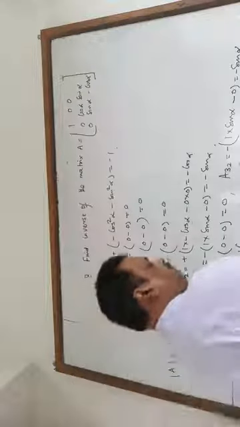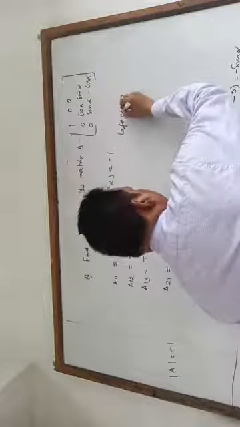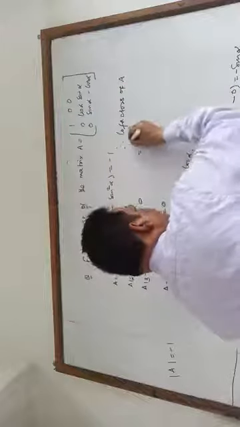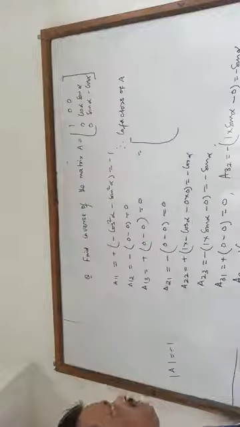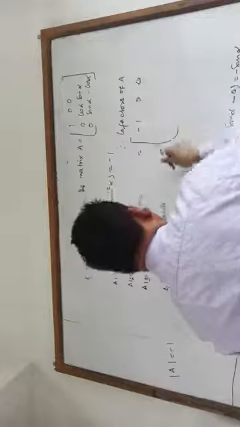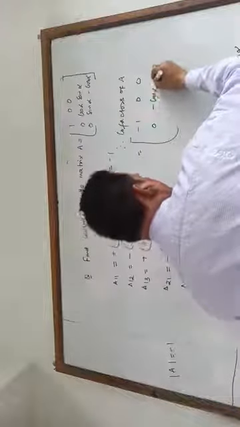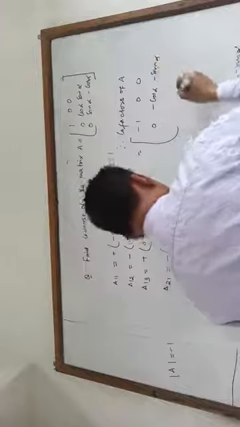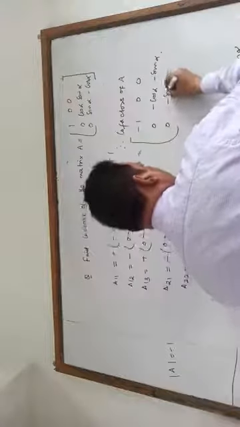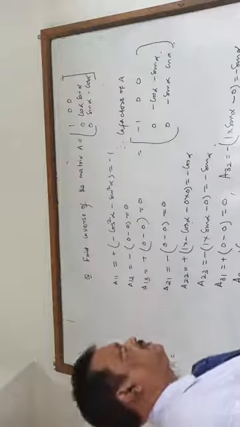Therefore, cofactors of A. So you have to find out minus 1 0 0, 0 minus cos alpha minus sin alpha, then 0 minus sin alpha cos alpha. This is the cofactor matrix.